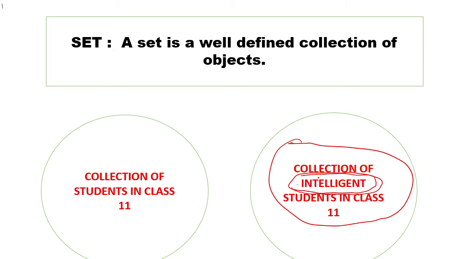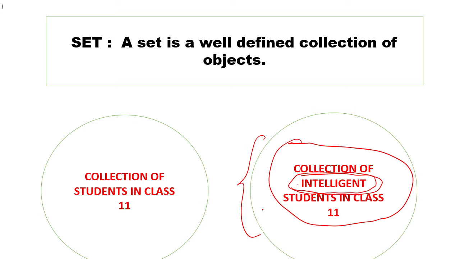I may be an intelligent student for you, and you may be an intelligent student for me, but for another person you may not be. So if I ask you to collect all those intelligent students, the collection you make will be different from the collection that I make.